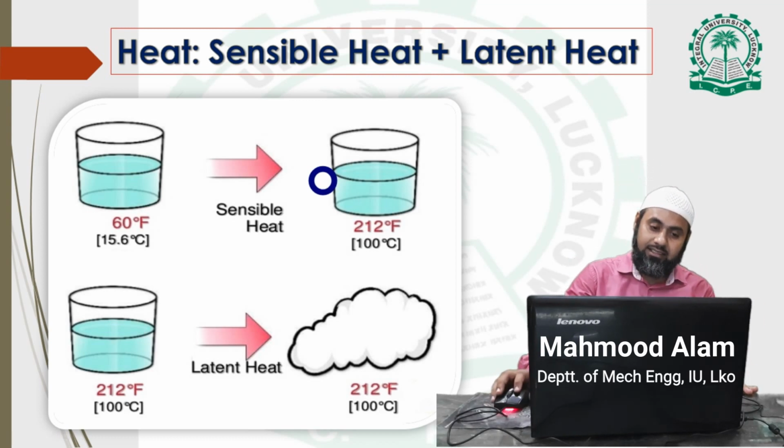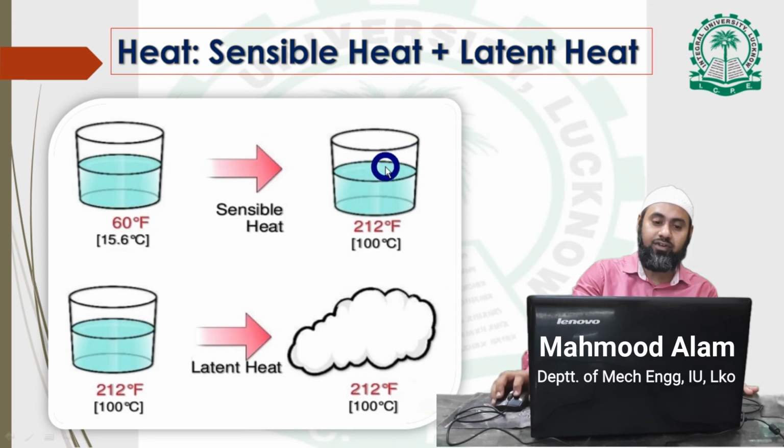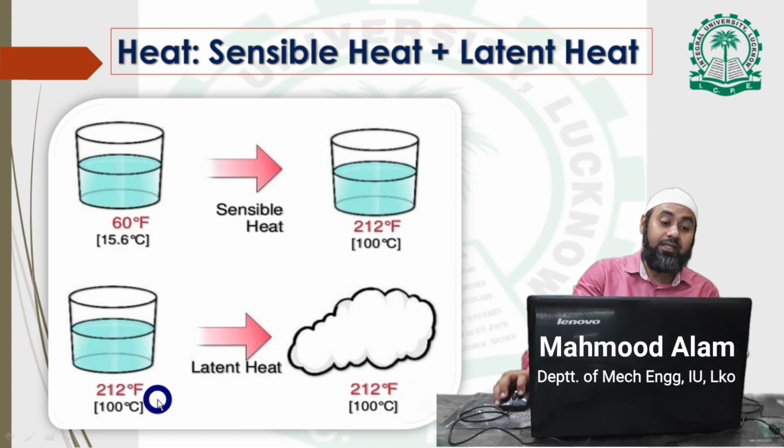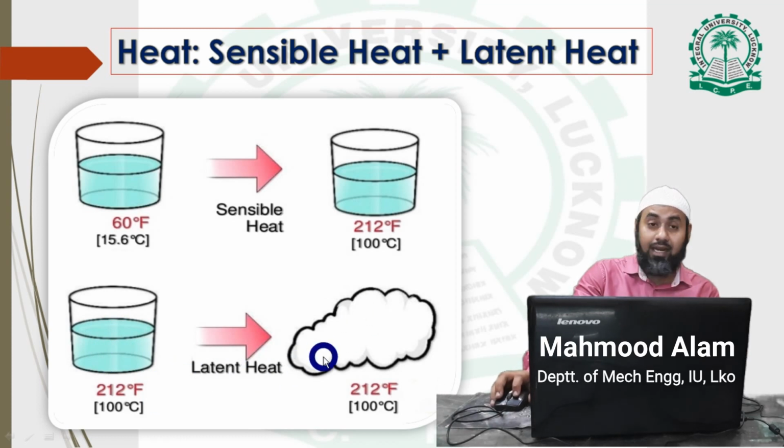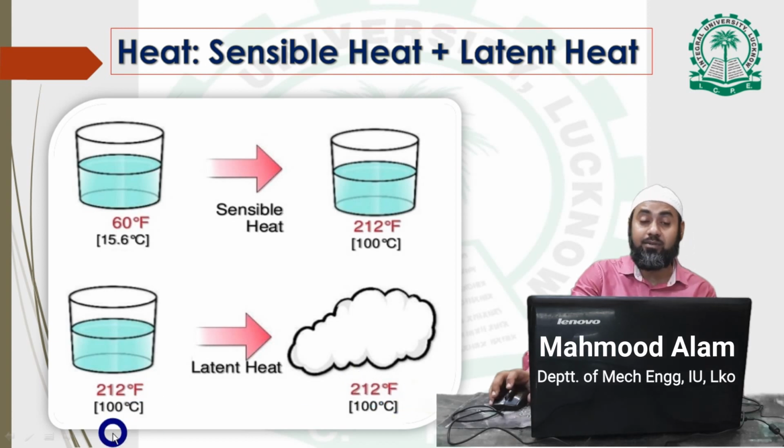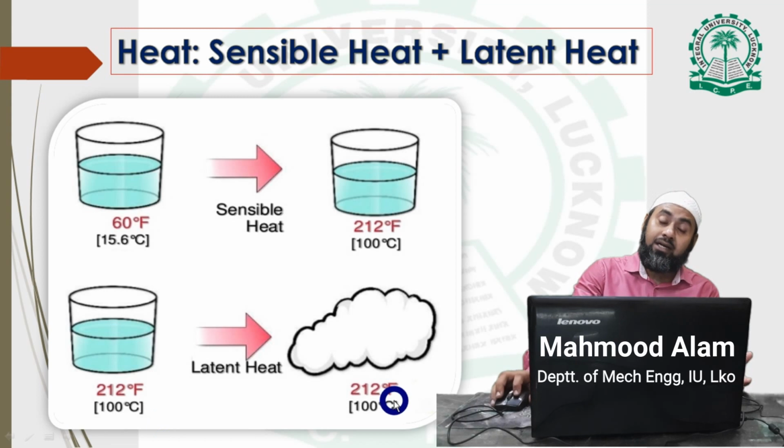In the second example, suppose this water is at 212 degrees Fahrenheit, which means 100 degrees Celsius. When heat is applied, now what is happening? This water is converted into water vapor at the same temperature. The temperature is unchanged, 212 degrees Fahrenheit, 100 degrees Celsius, constant.